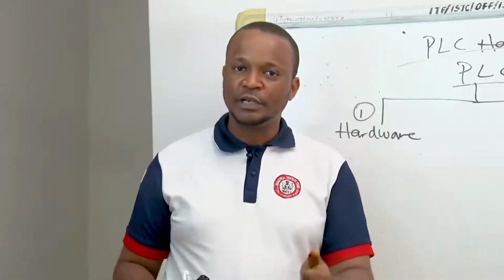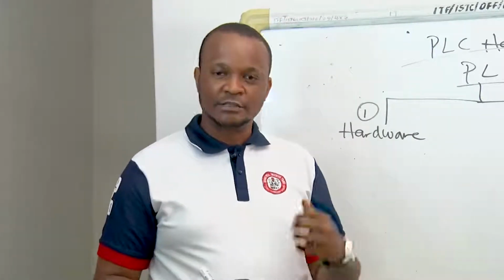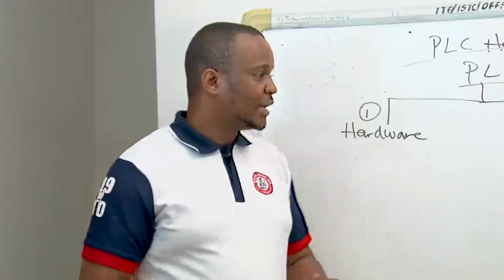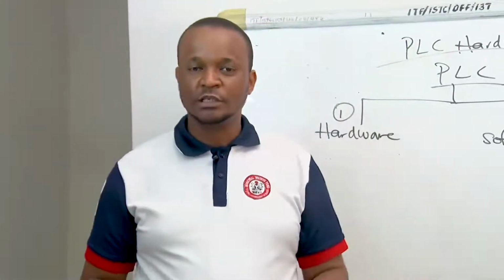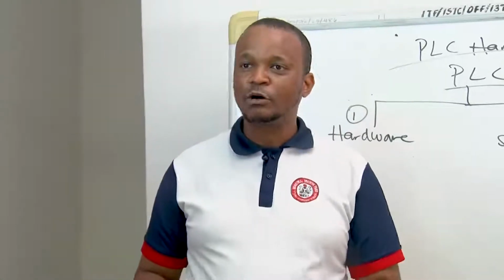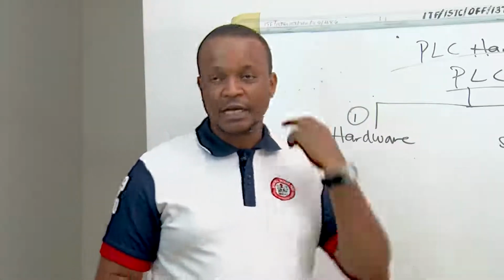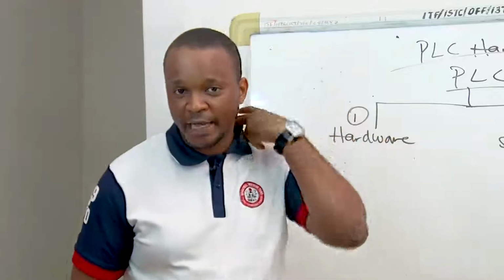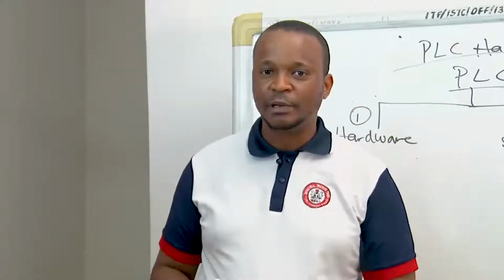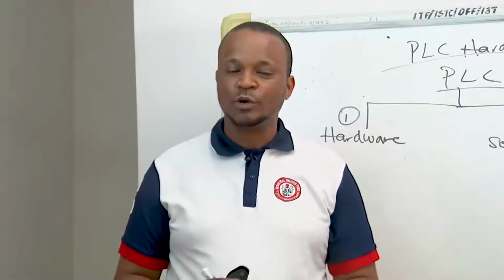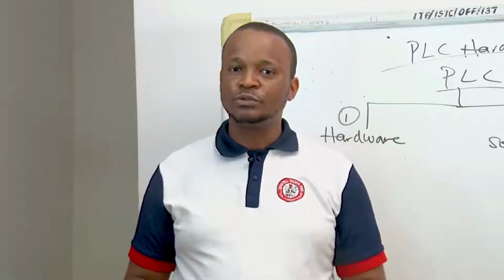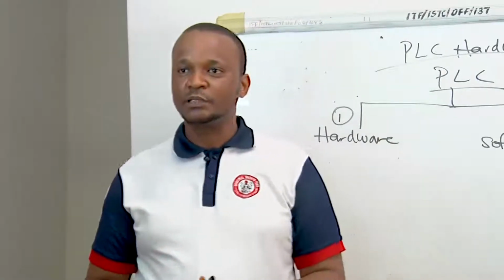Those physical components that you can touch in a computer are called the hardware. And same thing with the PLC, those areas that you can actually touch are the hardware components of the PLC. What are they? They are the power supply. Okay, you can touch the power supply. The input and output modules can be touched, as well as the programming device. Those constitute the hardware of the PLC.